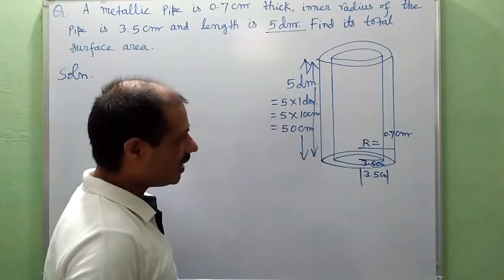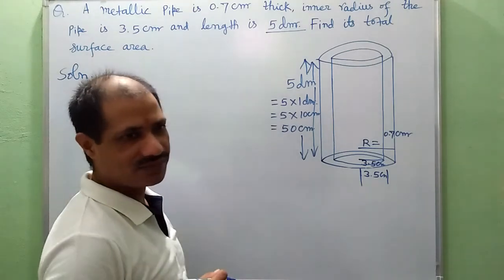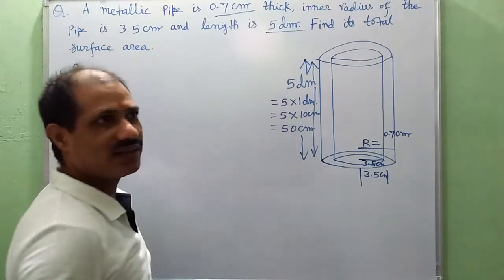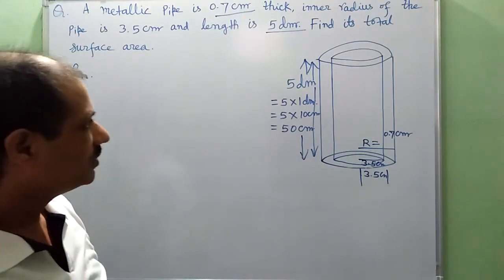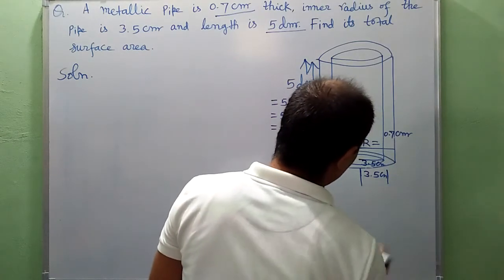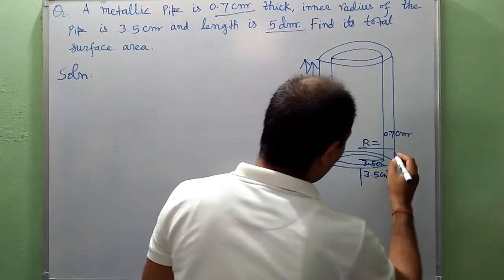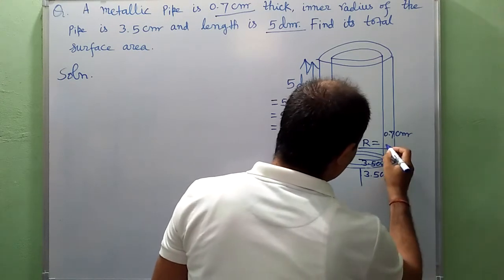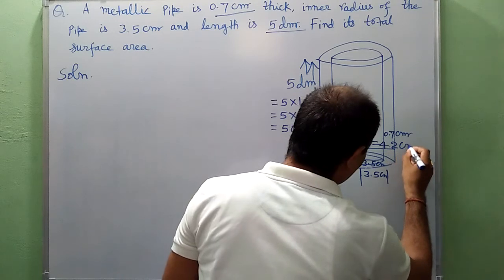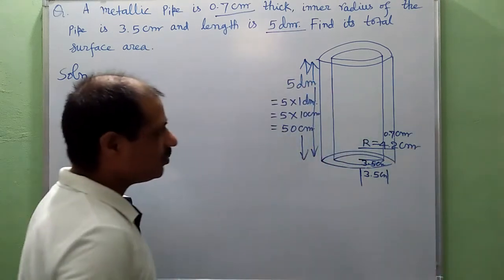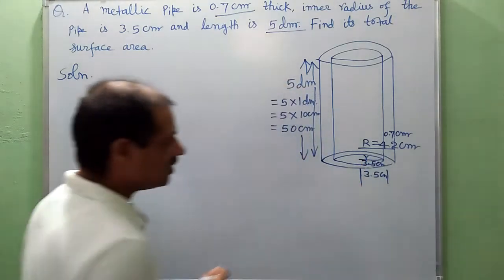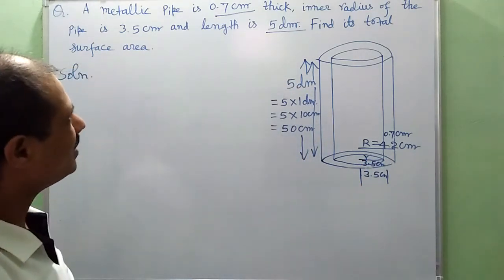So 3.5 centimeter plus 0.7 centimeter is 4.2 centimeter. Capital R is 4.2 centimeter and small r, interior radius, is 3.5 centimeter.